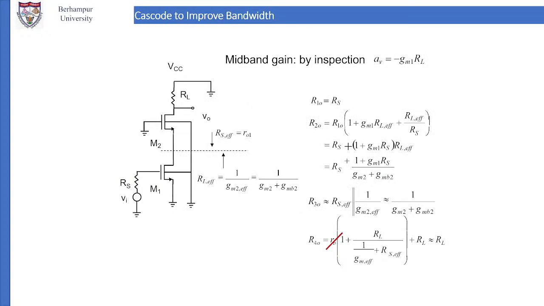Then we come to the next configuration, which is called the cascode. Cascade we have seen. Now look at the cascode amplifier. Cascoding is a technique by which we improve the bandwidth and we improve the stability. Both are improved. What we do here is take two transistors and connect the source of one to the drain of the other.